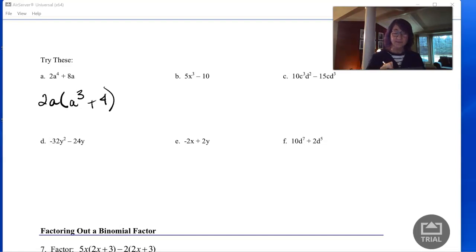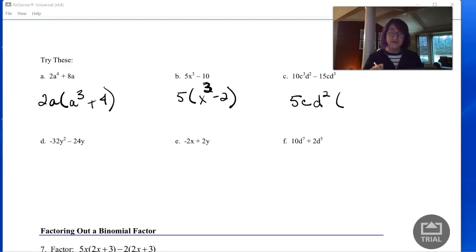For the next one, our GCF is a 5, no variable. So that would give us 5 times x cubed minus 2. For the next one, our GCF is going to be 5cd squared. So that's going to give us 2c squared minus 3d.